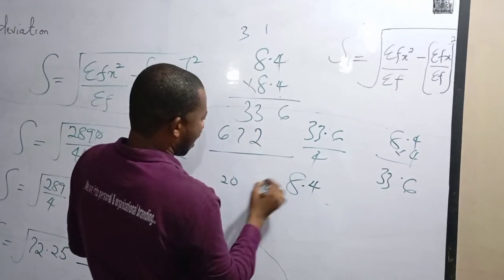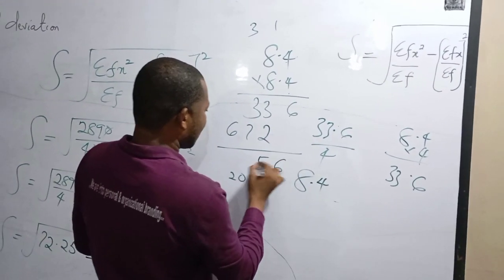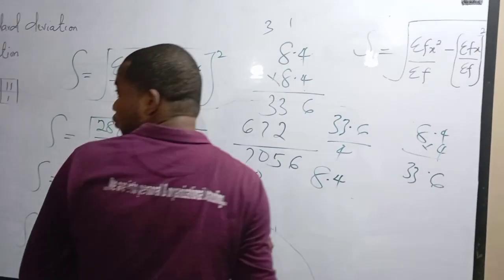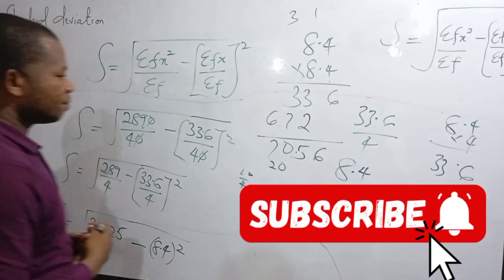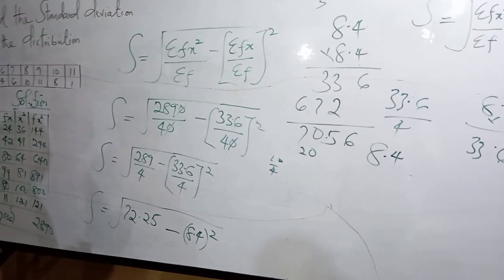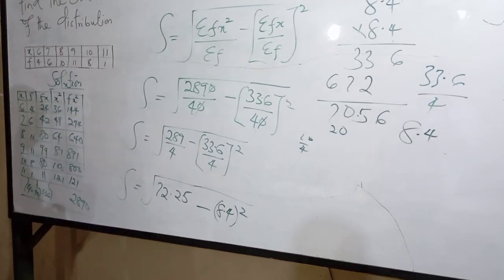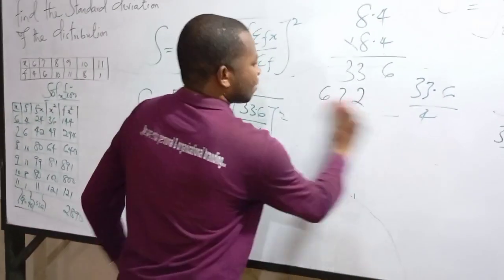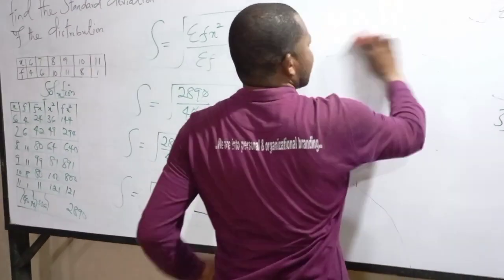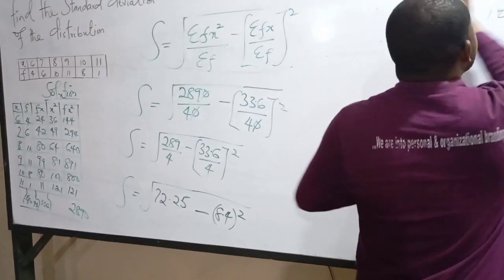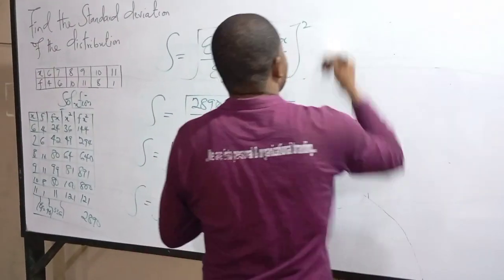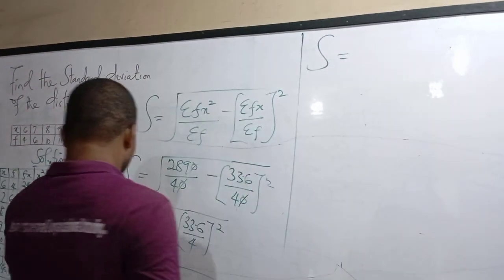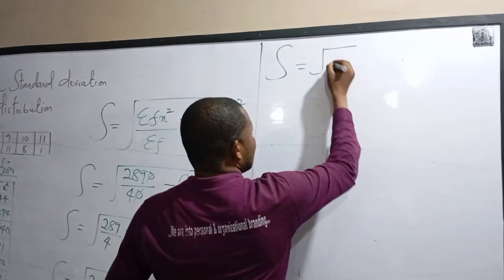So you add up, this is 6, 5, this is 10, carry 1, 7. So this gives me 70.56. 70.56 is what I'm gonna have.